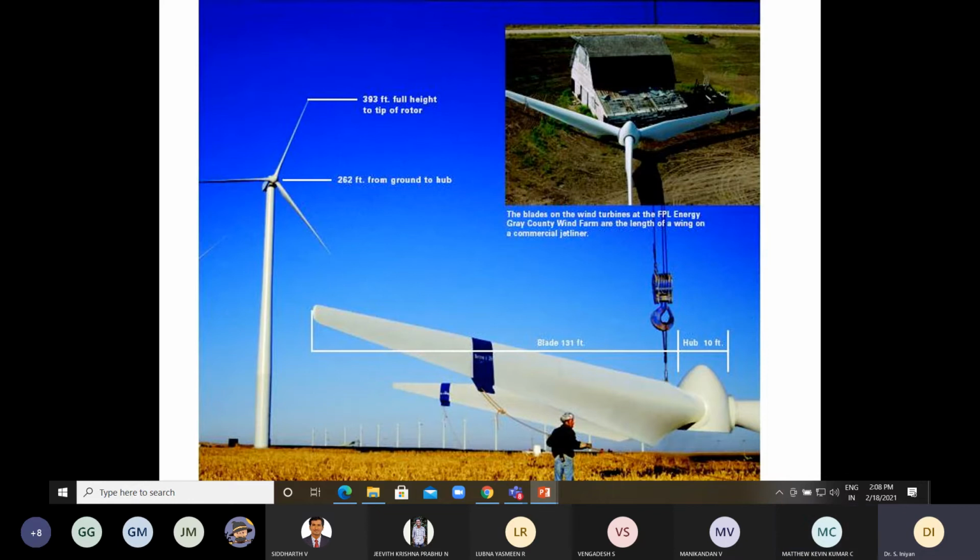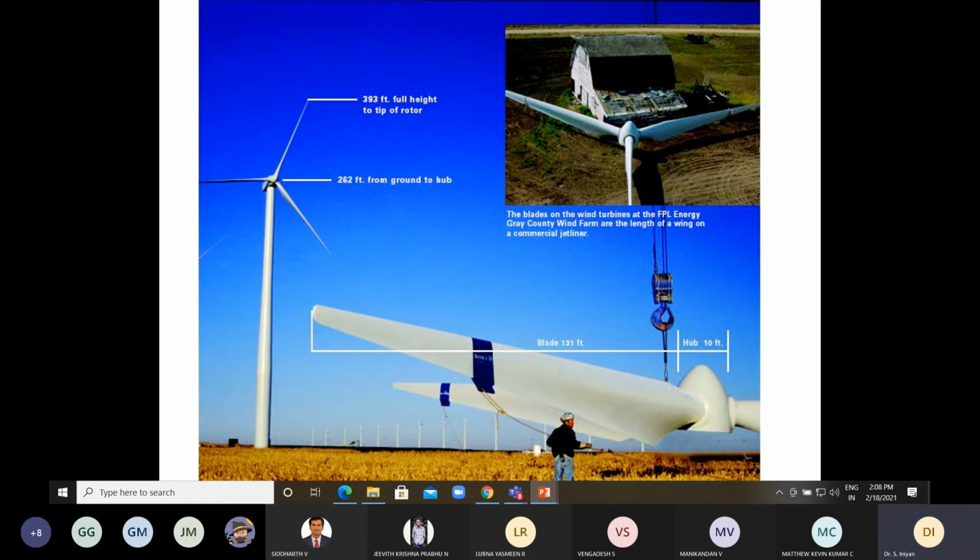Is it right? Blades and hub, yes. When the blades and hub are joined together, the whole part is called a rotor.